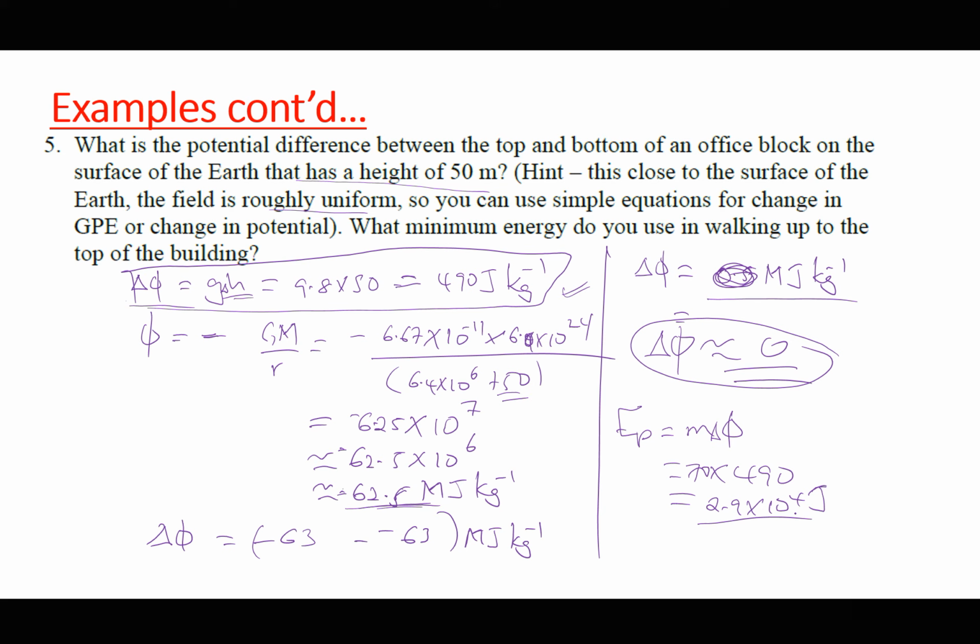So this is the minimum energy required against gravity to move up to the top floor, at a height of 50 meters. But the truth is, you will need more energy, since some of this is going to be wasted in warming up your body as you climb up, because the body is not efficient.